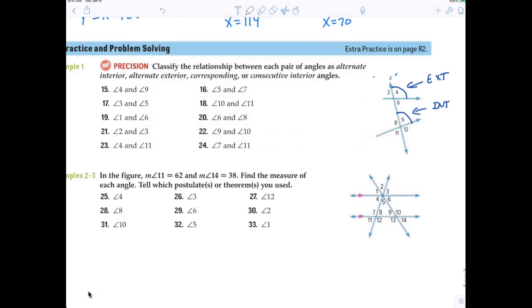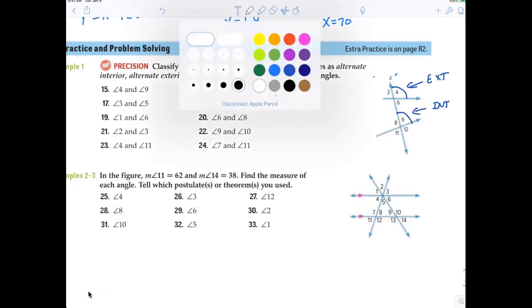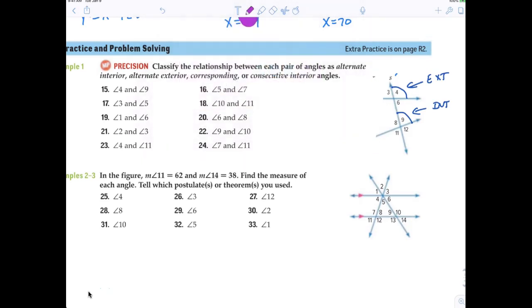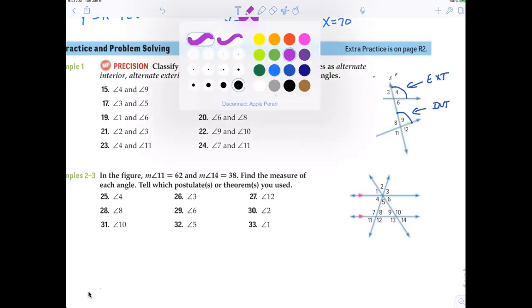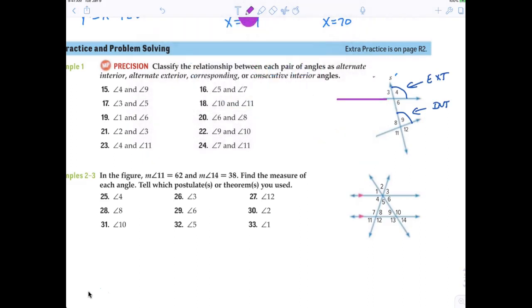It's helpful if that's not here. You agree? See this line right here. Now, what I'm trying to show you is this right here and this right here.